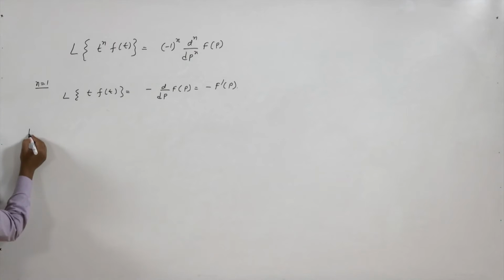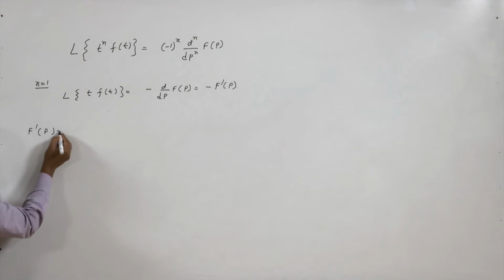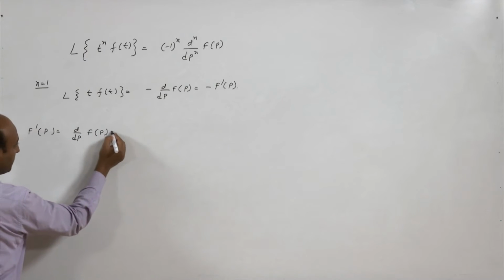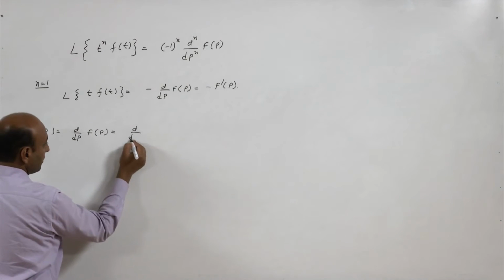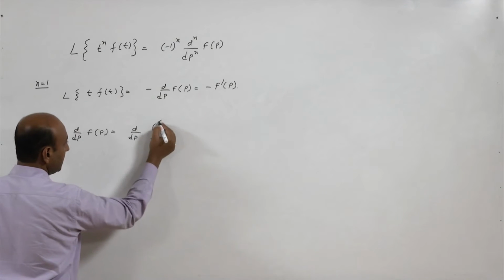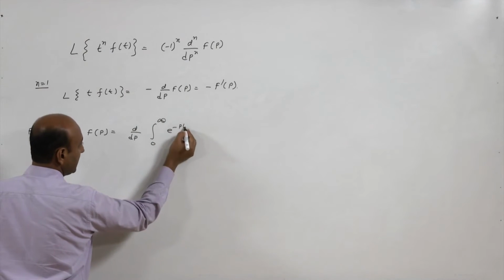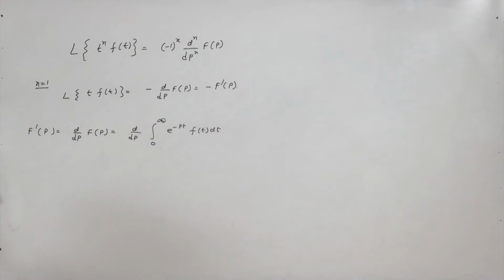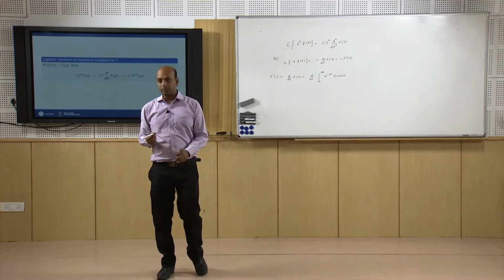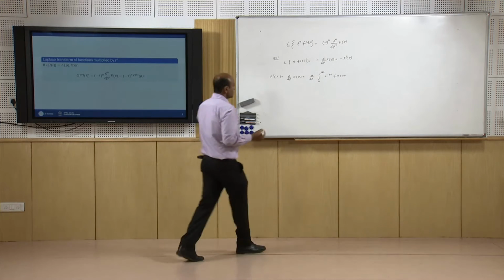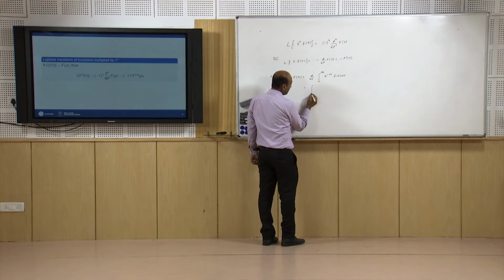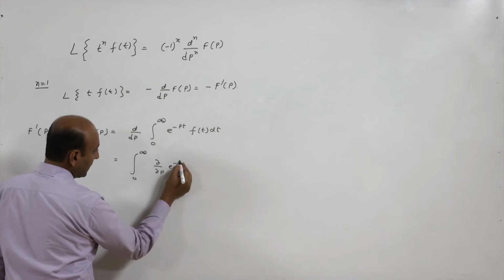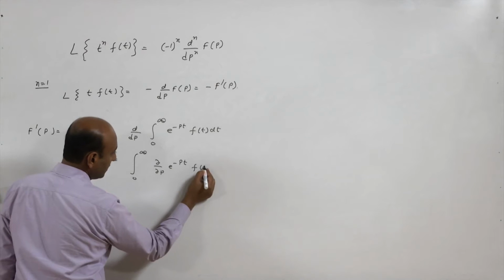What is F'(p)? F'(p) is nothing but d/dp of F(p), and F(p) is nothing but the Laplace transform of f(t), which is the integral from 0 to infinity of e^(-pt) f(t) dt. So, by Leibniz rule, we can easily write this as the integral from 0 to infinity of ∂/∂p of e^(-pt) f(t) dt.